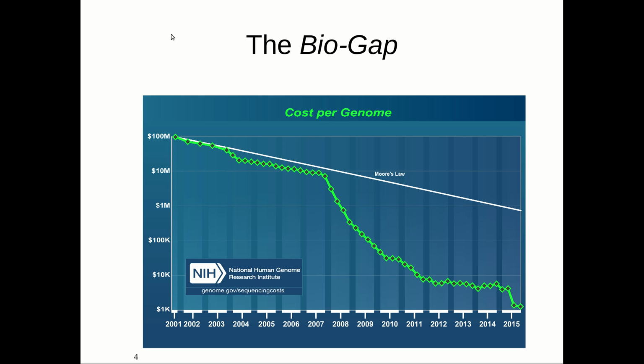The other graph that you probably all have seen before is the so-called bio gap. Here, on the y-axis is the cost of computing, or the cost of sequencing a genome, over a time axis. What you can see clearly is that Moore's law has remained constant, so the cost of computing is dropping at a decent rate, but the cost of sequencing a genome has been dropping much more rapidly.